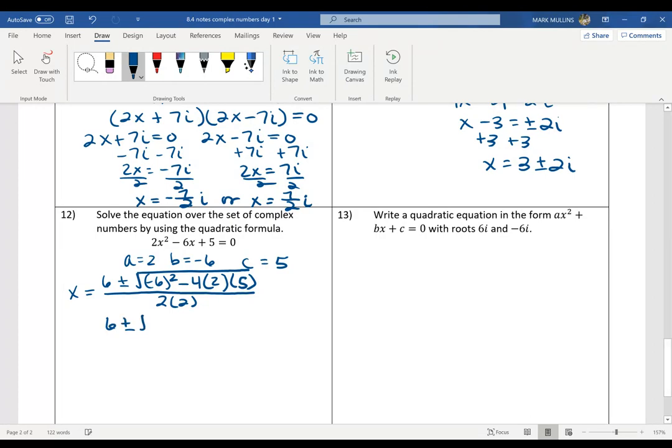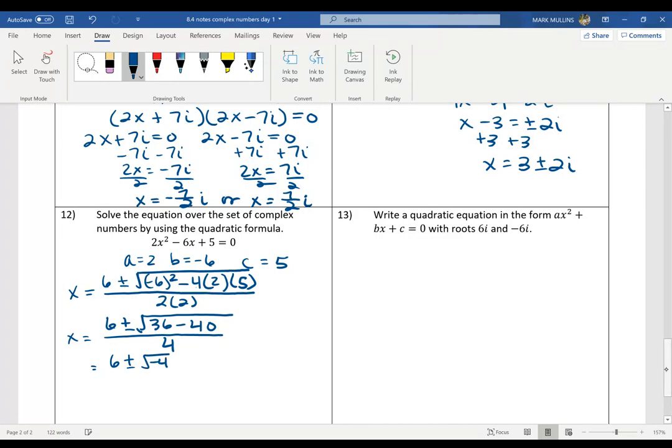Working inside my square root, negative 6 squared is a positive 36 minus, let's see, 5 times 4 is 20, times 2 would be 40. So now we have 6 plus or minus the square root of negative 4.